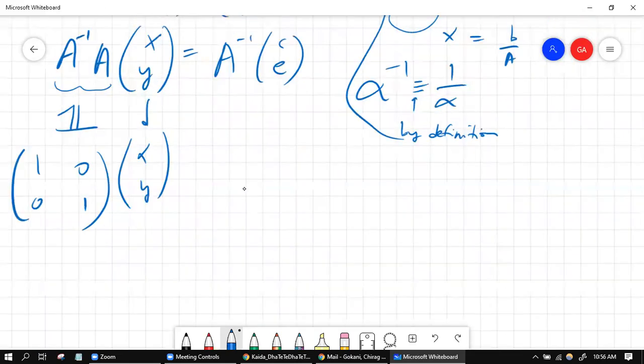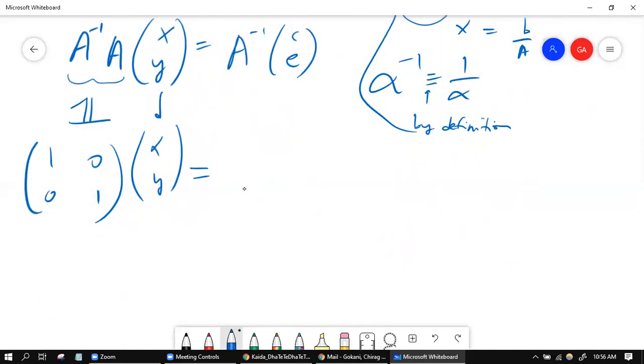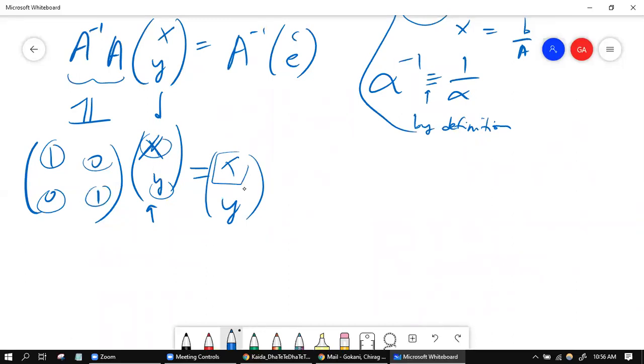We saw a few examples where when you multiply by the identity matrix, you're left with the thing you're multiplying with. Do you remember that? You can verify: 1 times x is x plus 0 times y is y, so your first element is just x. Same thing here: 0 times x is 0 plus 1 times y is y. And so this is your solution.